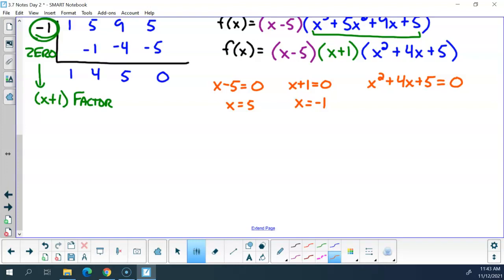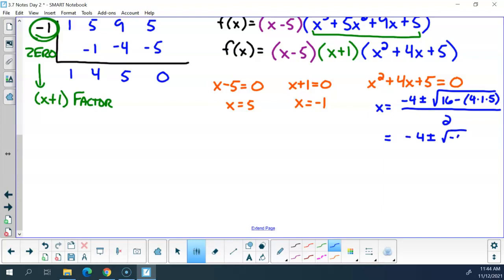Quadratic formula. x equals negative 4 plus minus the square root of 4 squared is 16 minus 4 times 1 times 5, all over 2. 4 times 1 times 5 is 20. 16 minus 20 is negative 4.